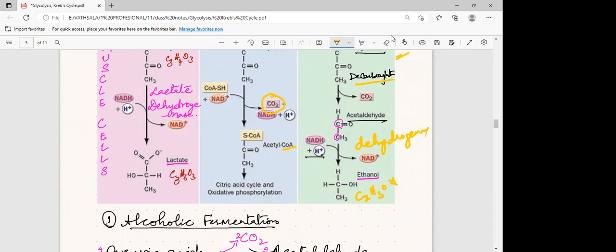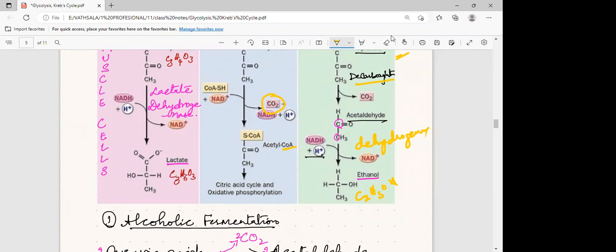Now hydrogen is also removed, so carboxylation, dehydrogenation. When hydrogen is removed, NAD forms NADH, which is an energy precursor. So for every 1 pyruvate, 1 is removed, for each of them.